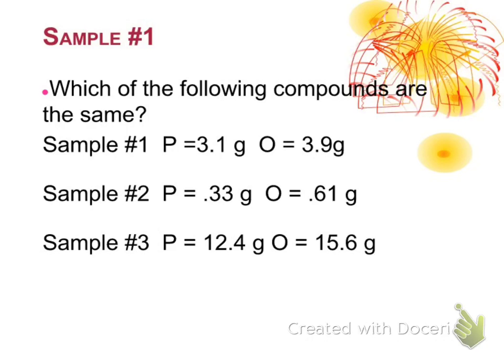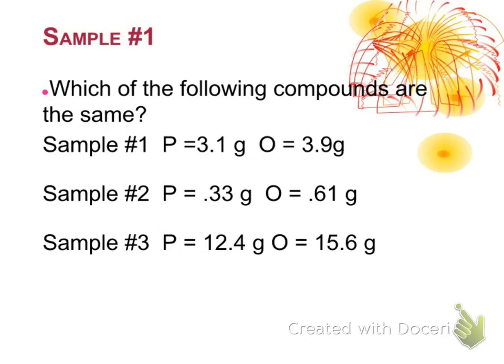So then we did the same with this one to see what our ratio was. This was 1.25 oxygen to 1 phosphorus. The second one that you would do would be a ratio that would be 1.8 oxygen to 1 phosphorus. That's not the same compound. It's a different compound with a different ratio with phosphorus and oxygen.